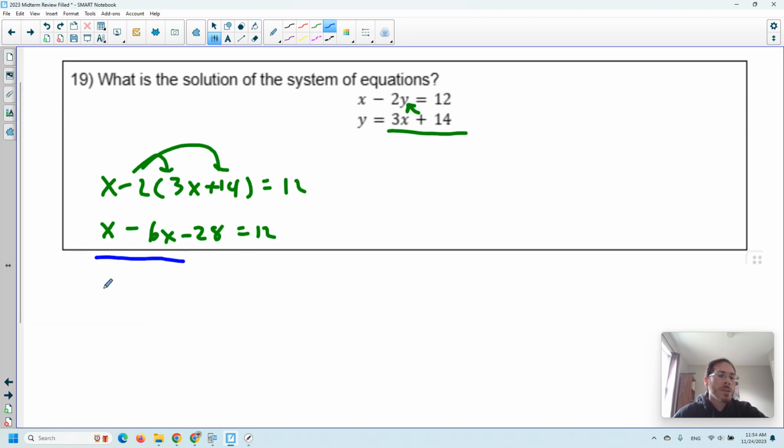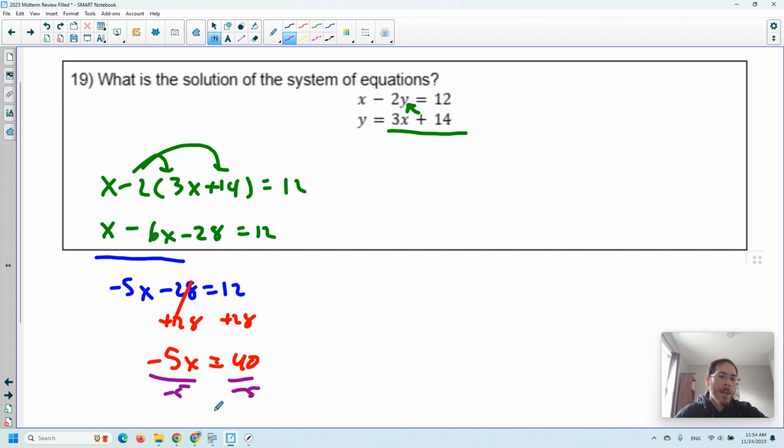So 1x minus 6x is negative 5x minus 28 equals 12. I can go ahead and add 28 to both sides. So negative 5x equals 40. Then I can divide both sides by a negative 5 and get x equals negative 8.